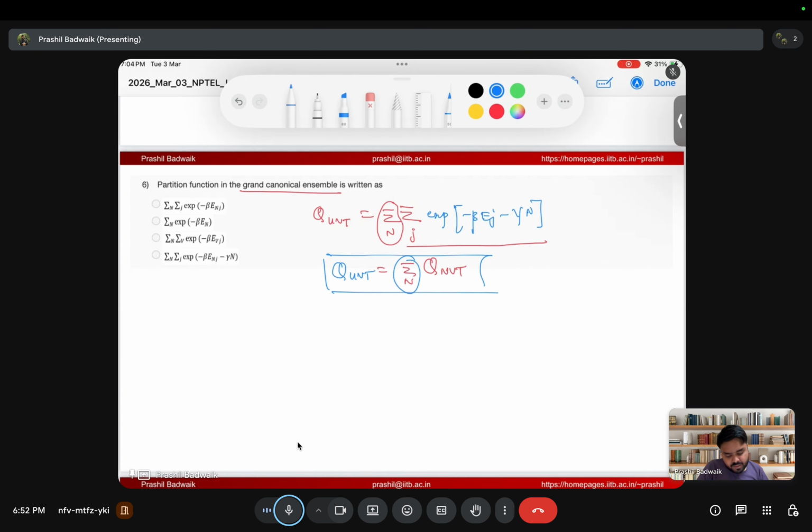So the required expression is there, summation over N, summation over j. So option number 4 is correct for this question. Correct? So this is the expression.